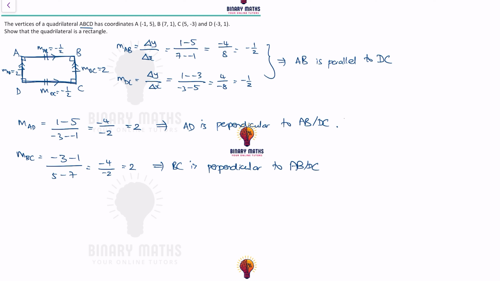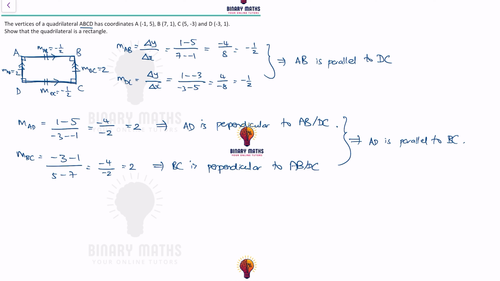Okay, again, both of these are saying that AD is parallel to BC. Okay, the next thing, so I've worked out that obviously A to B is parallel to D to C, and also they meet B to C and A to D at right angles. All I need to do to check is the lengths now.